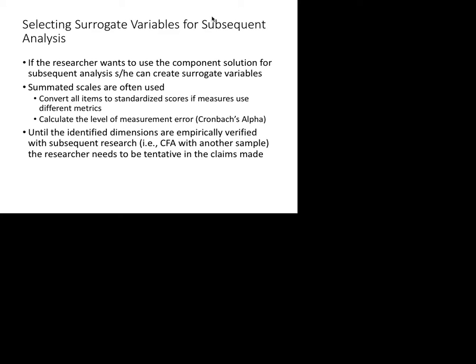But when you get to this stage, when you're creating these surrogate variables, if you have items that are measured on different scales, probably the best way to deal with that is to standardize all of the data, so it has mean 0, standard deviation 1, and then do a mean or a sum so that all of the items have the same weight in the final surrogate variable that you make.